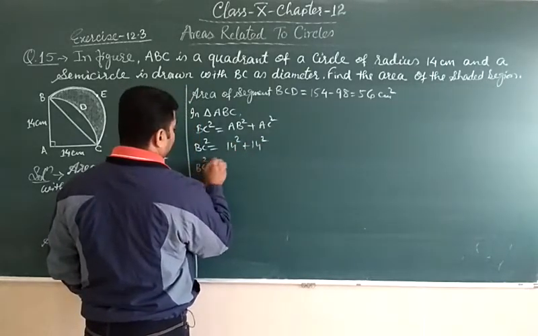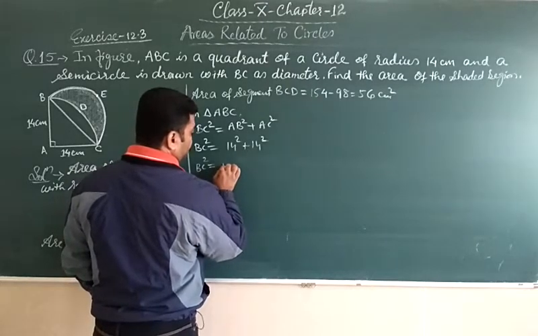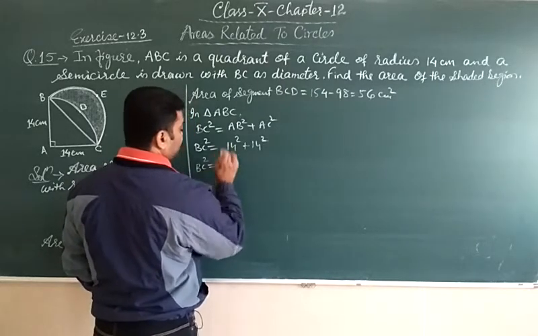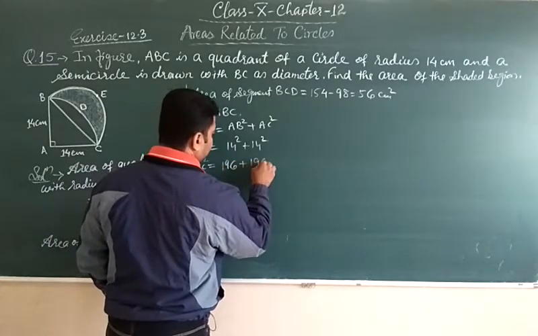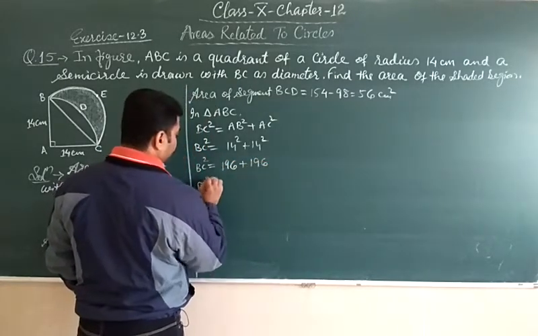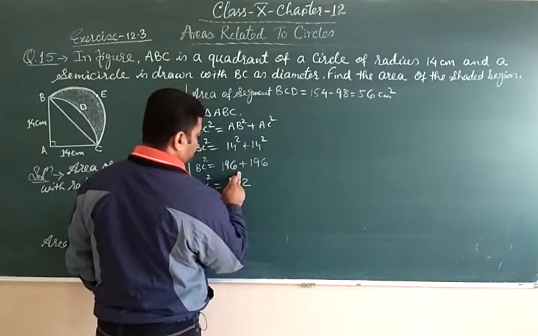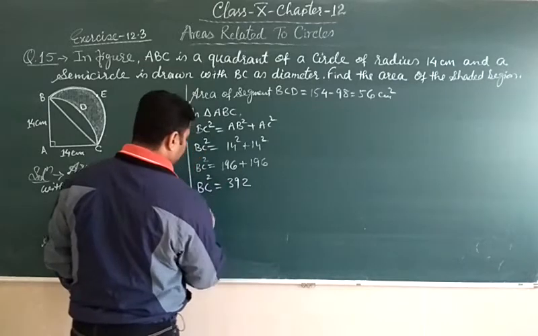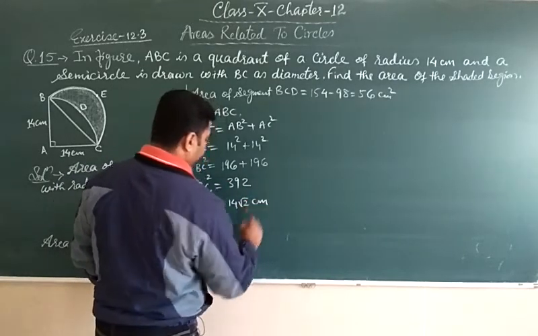So BC square is equal to 14 square, that is 196, plus 196. So BC square is equal to 392. So BC is equal to 14 root 2 centimeter.